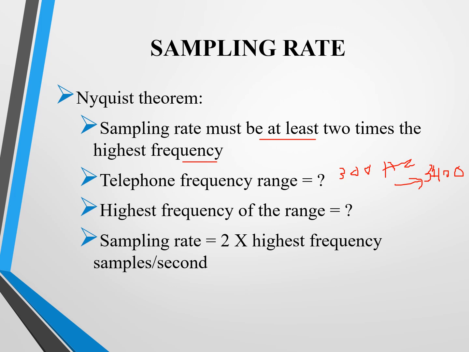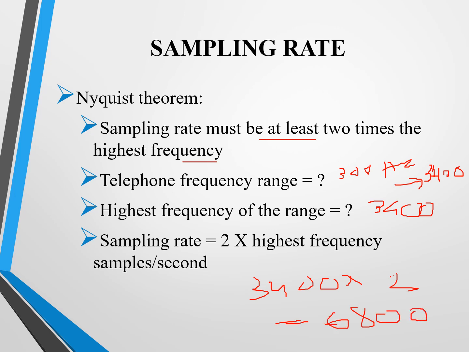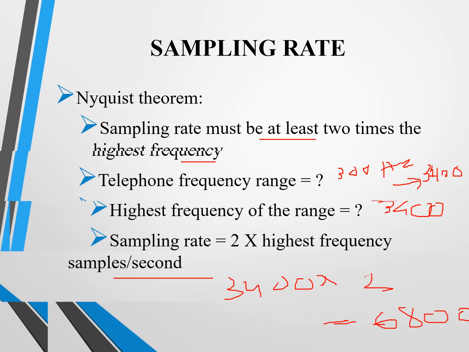That is 3400. And what is the sampling rate? 3400 multiplied by 2 is equal to 6800 samples per second. That is the sampling rate.